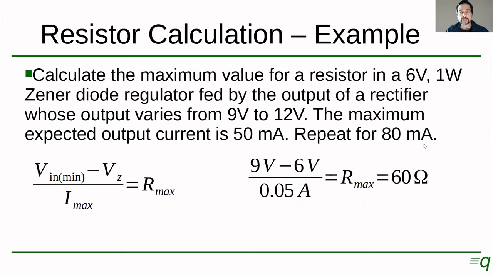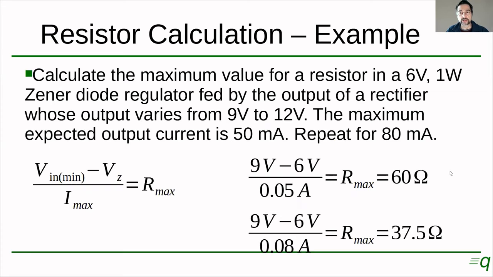Now, if we were to connect this to a load that takes 80 milliamps and we repeat the calculations, we will end up with a maximum value of 37.5 ohms here, okay? So the higher the output current, the lower the resistor has to be.